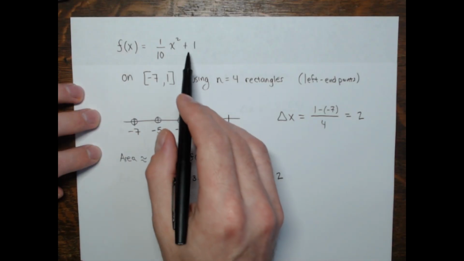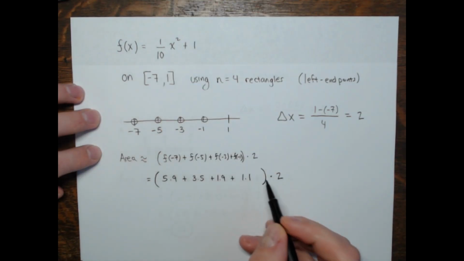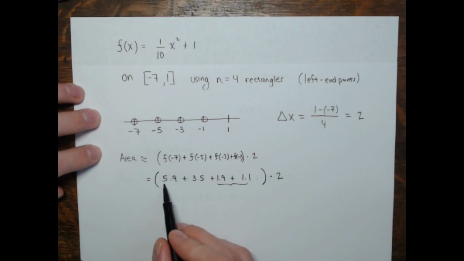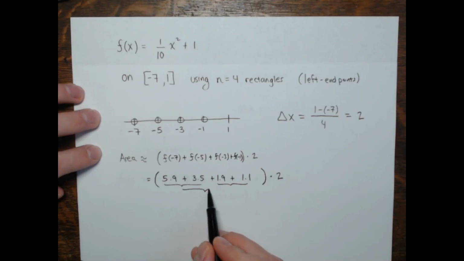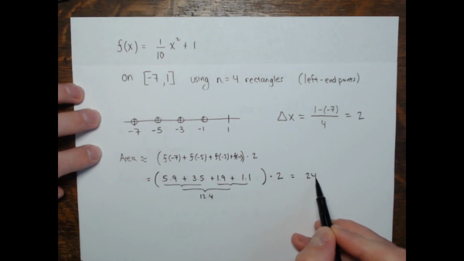And then at -1, it'd be 0.1 plus 1, 1.1. Adding these up, these add up to 3. These add up to 9.4. So overall, this is 12.4, but then times 2, that's 24.8.